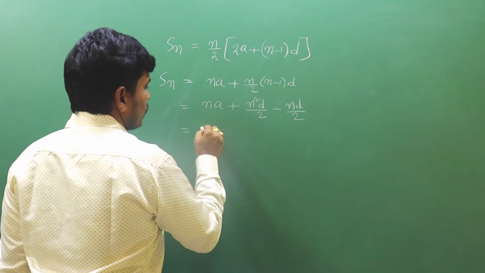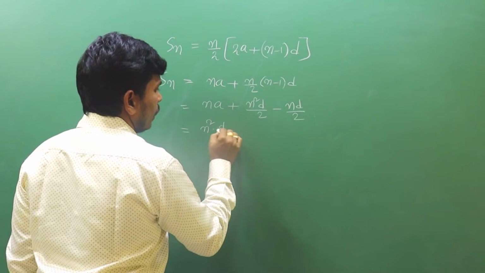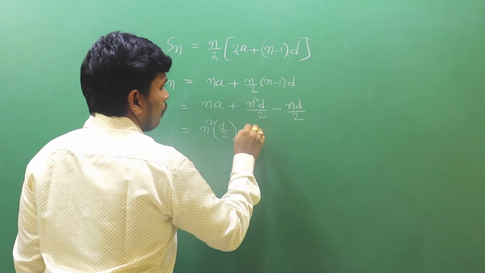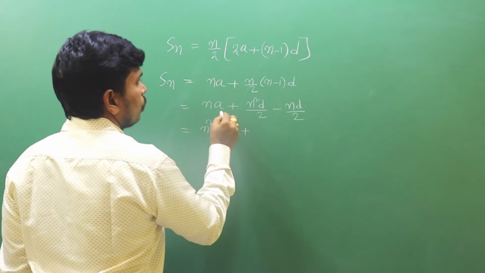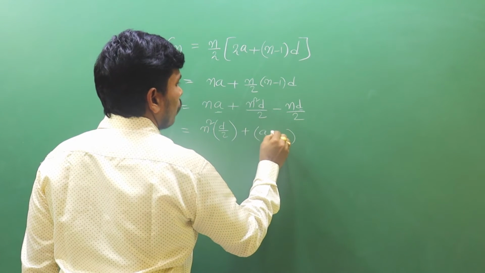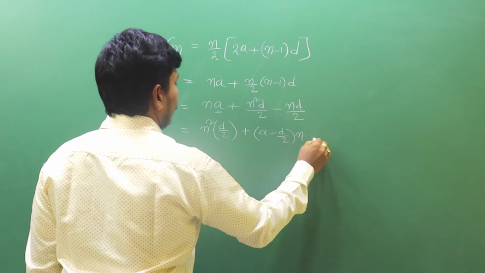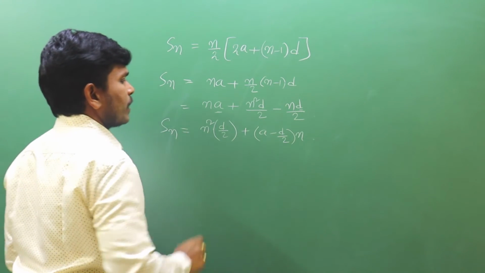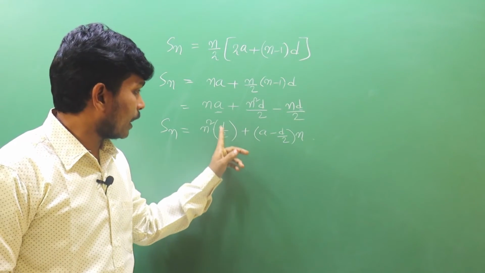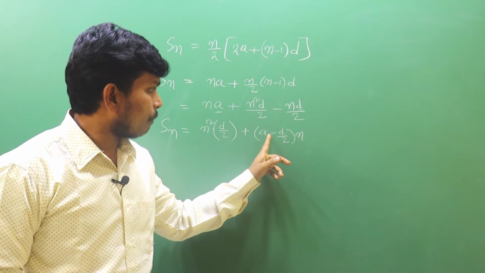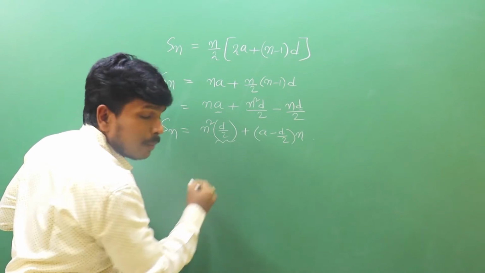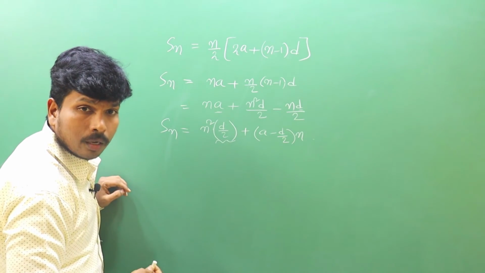Now observe here, this is n square into d by 2, plus, in both you take n common, a minus d by 2 into n. So Sn I expressed as n square of d by 2 plus a minus d by 2 times n. Is d by 2 constant or variable?